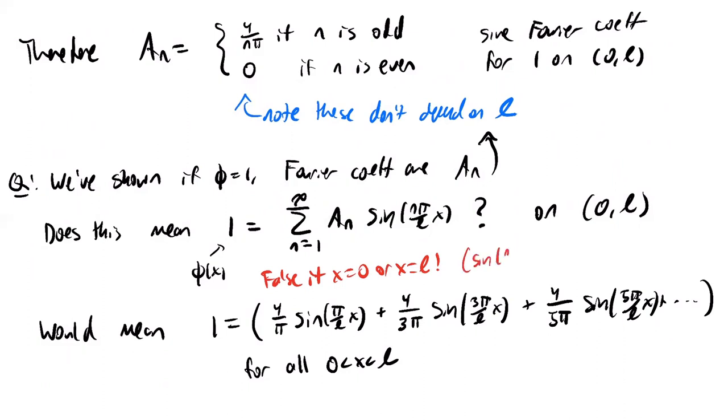So sine of n pi over L times x is always 0 if x equals 0 or x equals L. Well, if I'm adding infinitely many zeros, it still adds up to 0, right? And so I would have 1 equals 0, which is not possible. So this tells you it's not true if x equals 0 or x equals L.